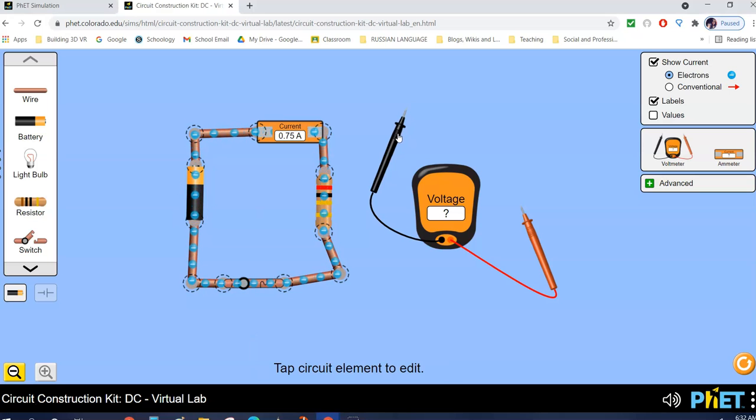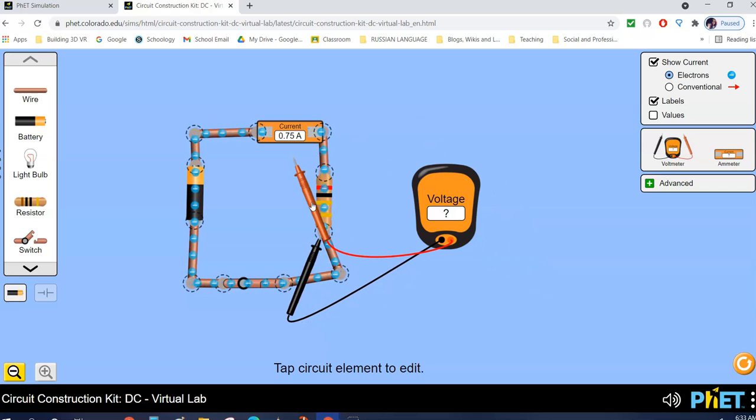If I connect the voltmeter, now the voltmeter needs to be connected in parallel, so it has to go across. You don't put it in series like the ammeter, you have to measure the voltage across the load. What you'll see here is that our supply voltage is 1.5 volts and the voltage across the resistor or the load is 1.5 volts.